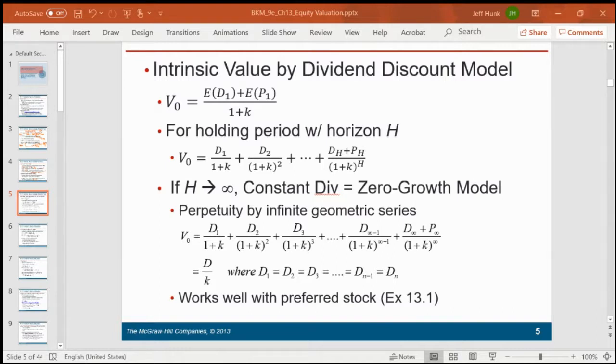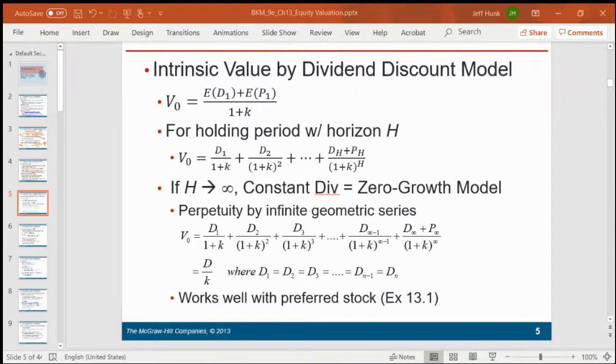So we know basically from Finance 100, we've done all this. To find intrinsic value, as I explained in the previous video, we have four variants of the intrinsic value model.